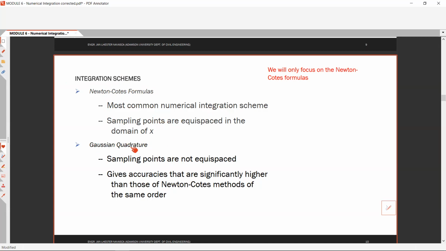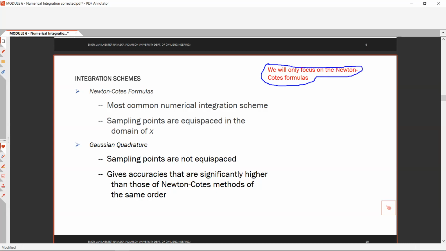For the Gaussian quadrature, the sampling points are not equispaced, and it gives accuracy significantly higher than the Newton-Cotes method of the same order. For now, we will only tackle the Newton-Cotes formulas.